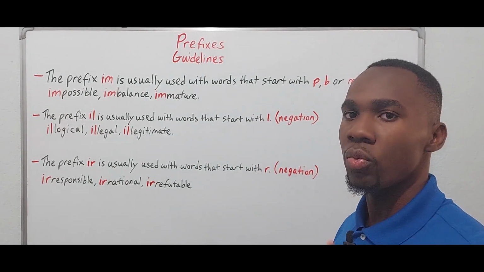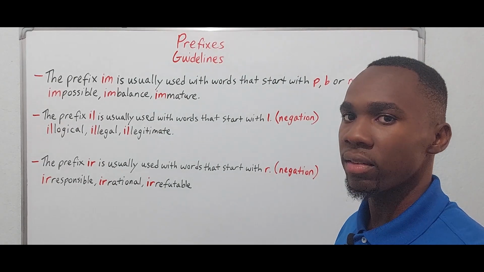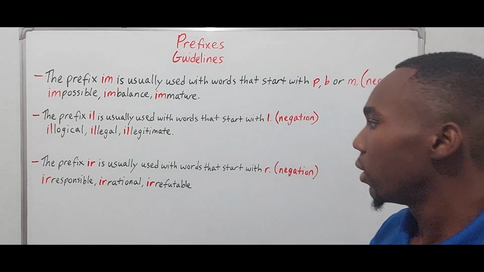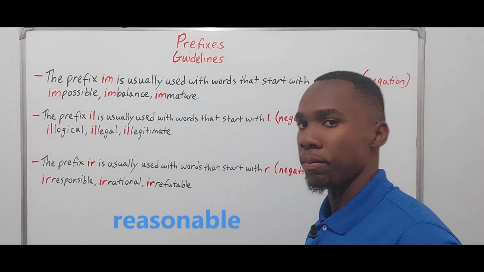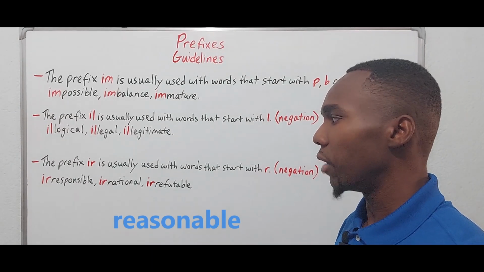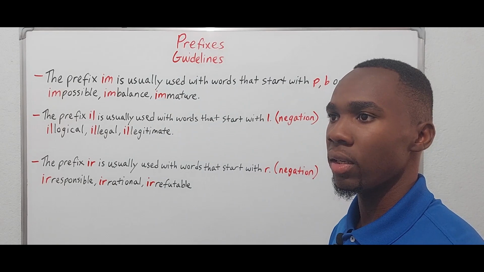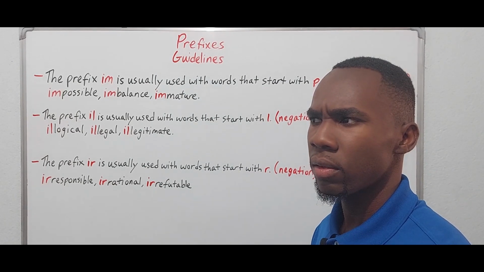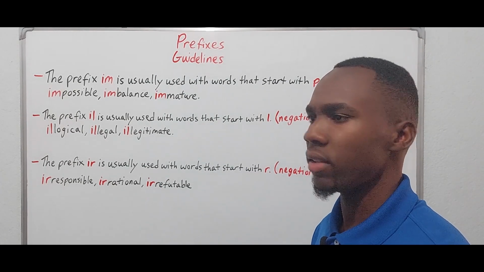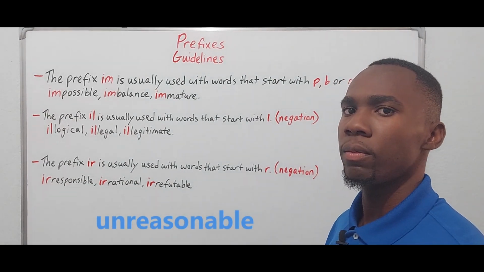But let me show you why there are guidelines and not rules. Let's look at the word reasonable. It starts with R. But if I want to make reasonable negative, do I say irreasonable? No. I say unreasonable.